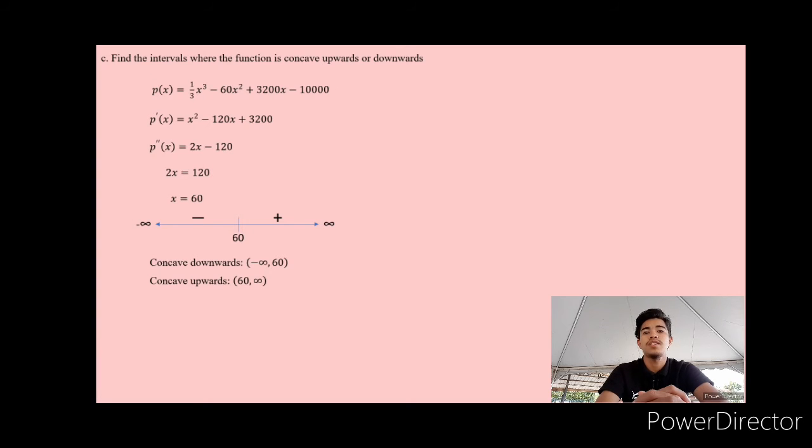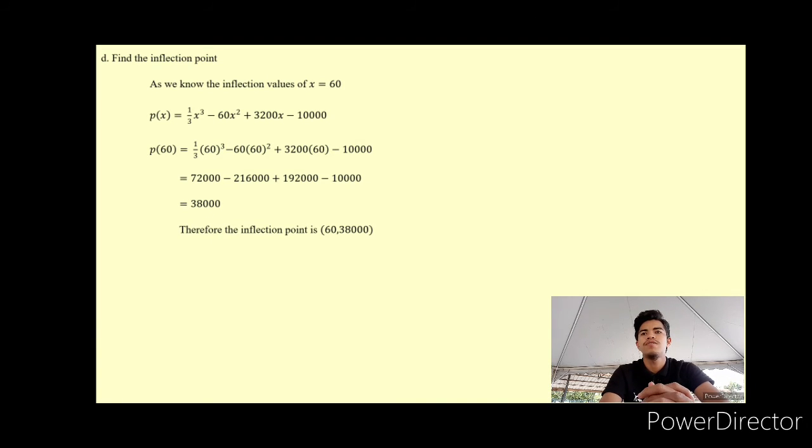Above 60, we get a positive value. For concave downwards, the interval is negative infinity to 60. For concave upwards, we get 60 to infinity.